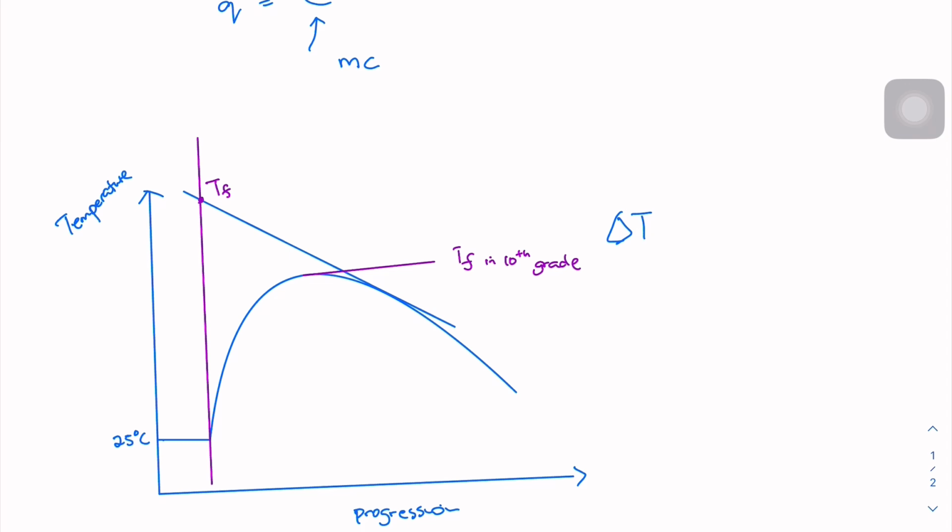The reason we do this is we know that there's heat loss to the surrounding, so that affects the highest temperature reached by the solution. So we extrapolate to estimate where it would have been had we not had heat loss to the surrounding. You will find as you do your calculations that even if you do this, you will still be way off the true value that is published. But at least this is a way that we start to solve this problem.